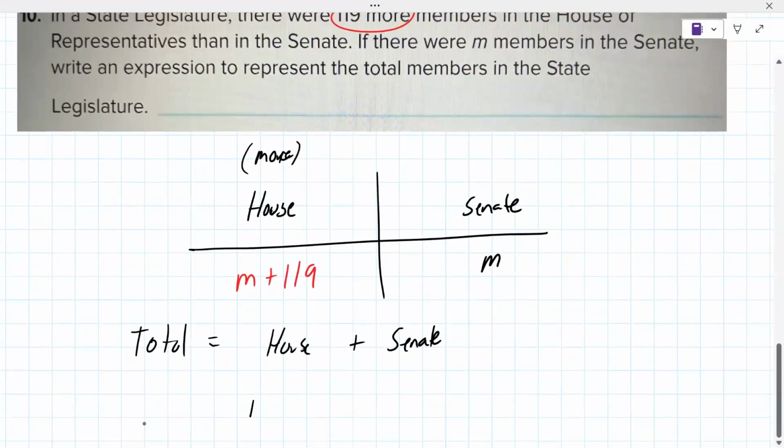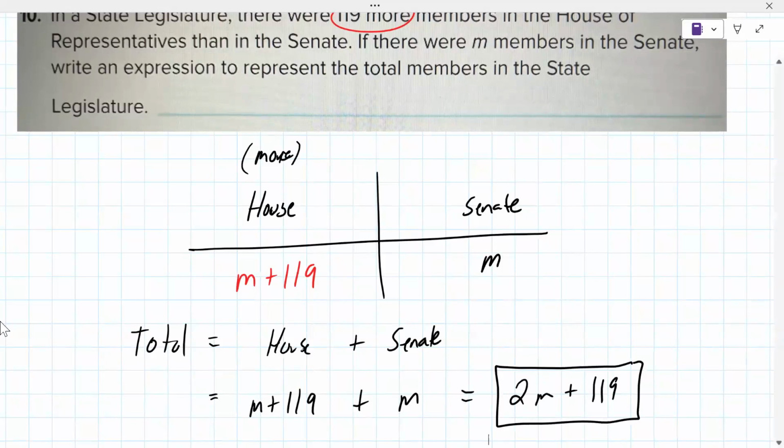The House is M plus 119. The Senate is M like that. All right. Could you simplify that for us, please? Yeah, that's 2m plus 119. Very good.